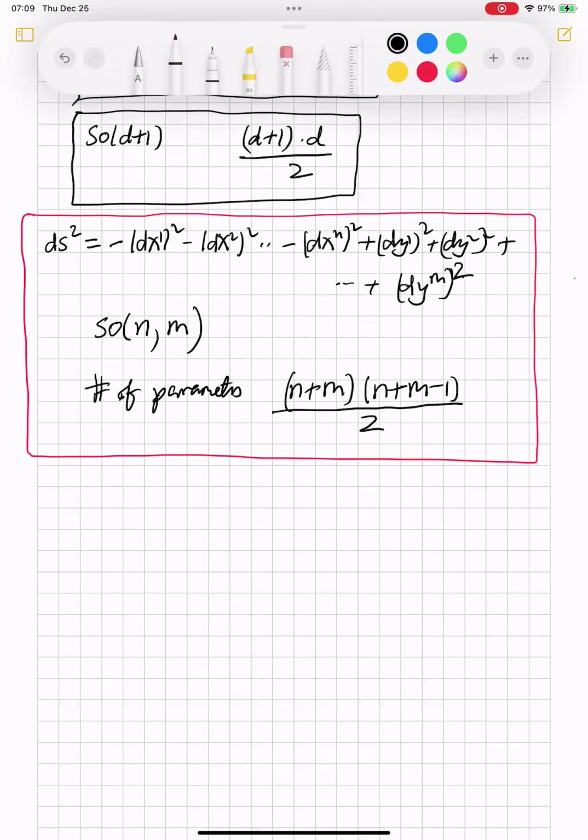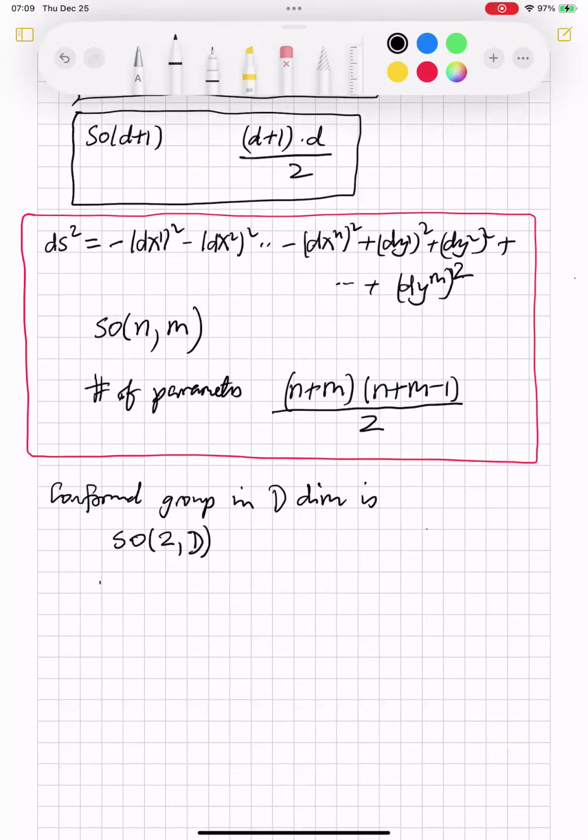Now, let me tell you what the conformal group is. The conformal group in D dimensions is SO(2,D).